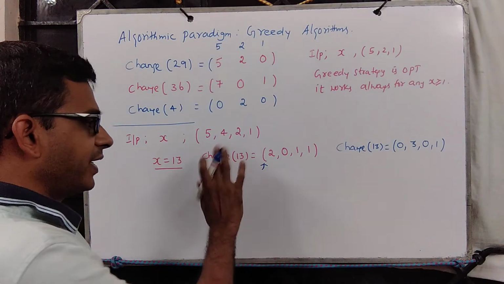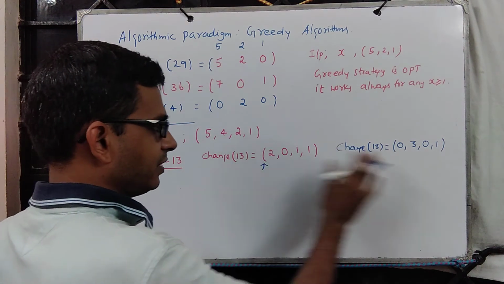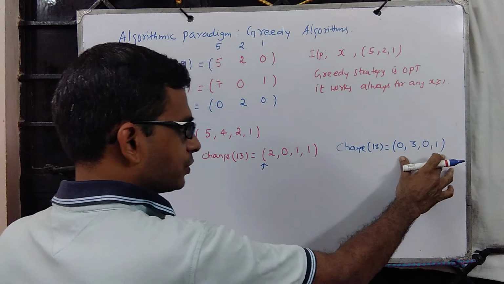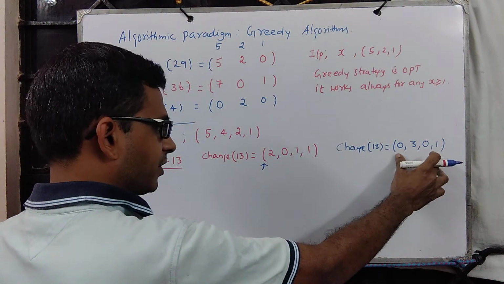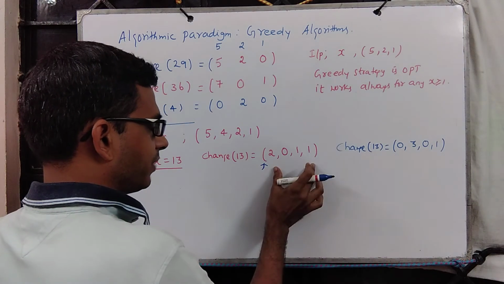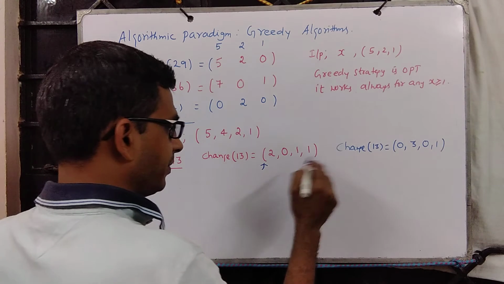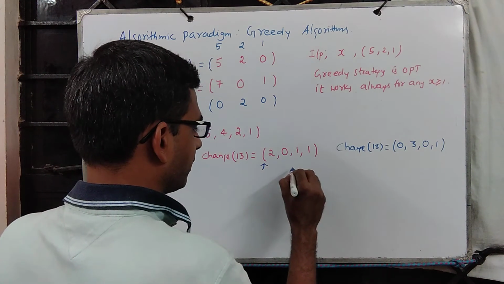You may find a different solution following a different strategy, but over there also the number of coins used is 4, and over here also the number of coins used is 4. So we may have more than one optimum solution for a given problem.